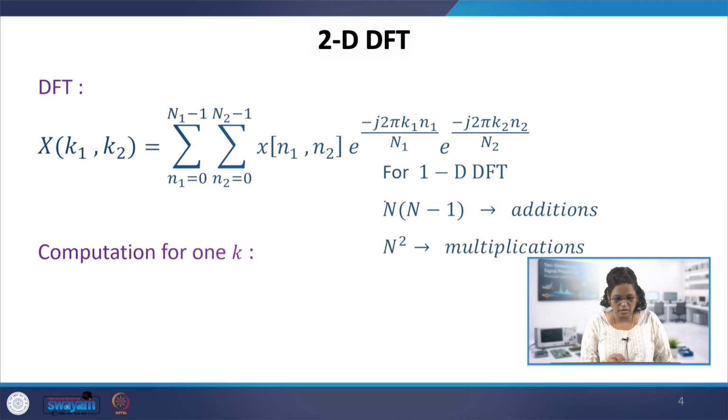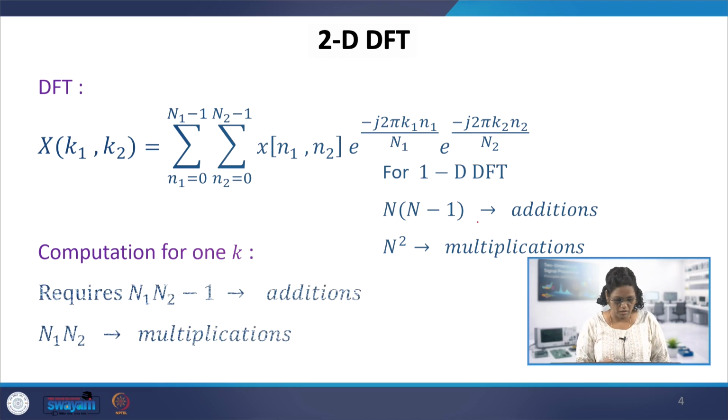Now in 2D, we extend the same idea of computing it for n1 and n2: this n becomes n1 n2 minus 1 for additions, and n1 n2 square multiplications.